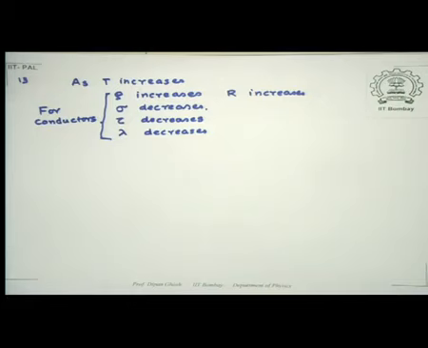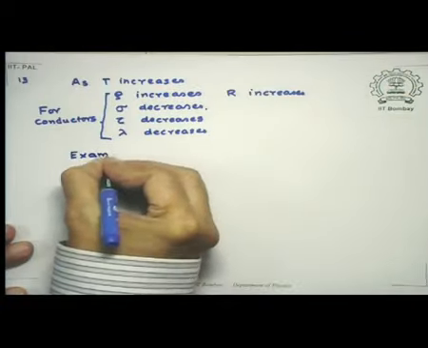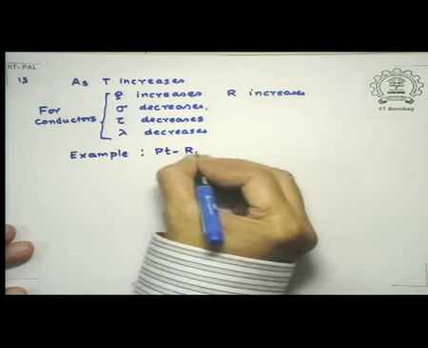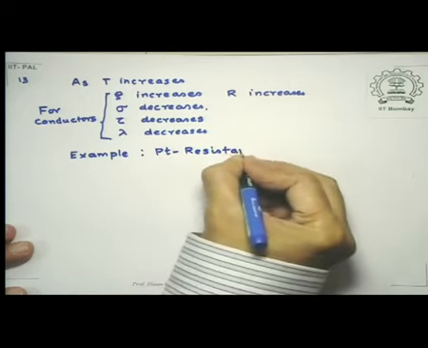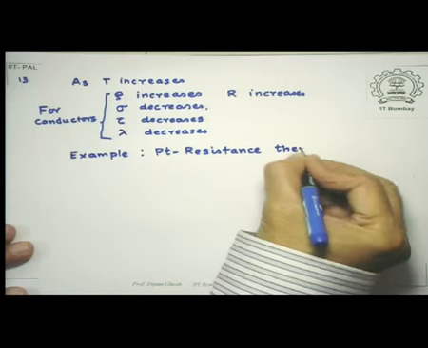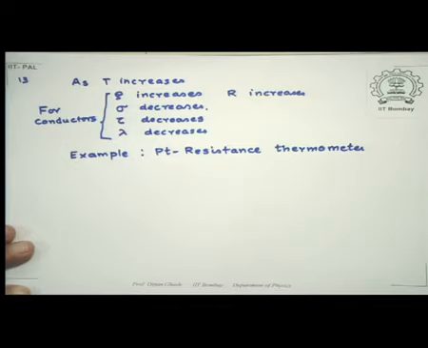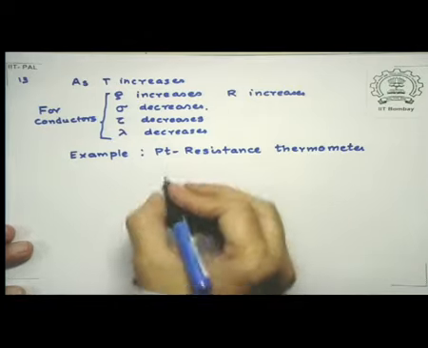Let me give you an example of how this temperature dependence of resistance or resistivity can be used to determine the temperature of an unknown heat bath. For instance, we have a platinum resistance thermometer whose thermal element has the following values of resistance.